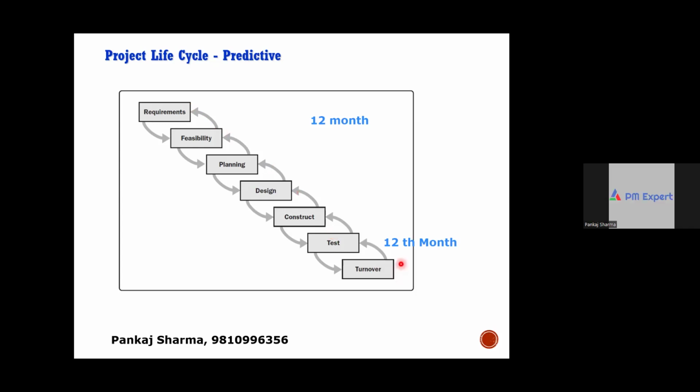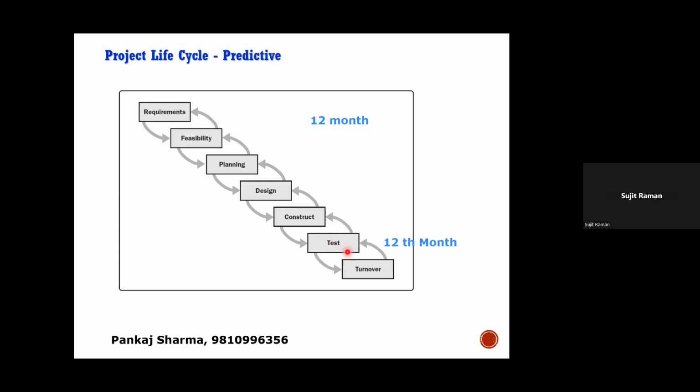Now, tell me, if in the 12th month the customer says, I wanted a sedan car but you are giving me a hatchback, I'm not happy, I wanted something totally different from what you are delivering, don't you think you have to start from the beginning again? You have to modify requirements, modify design, retest, and there can be never-ending cycles like this.